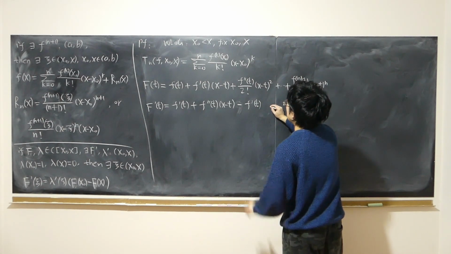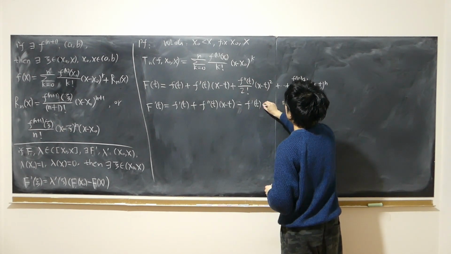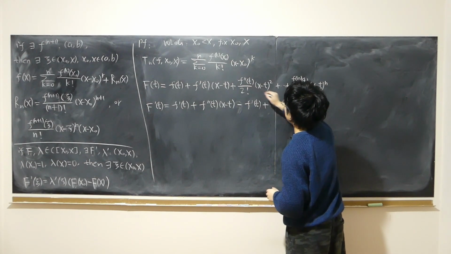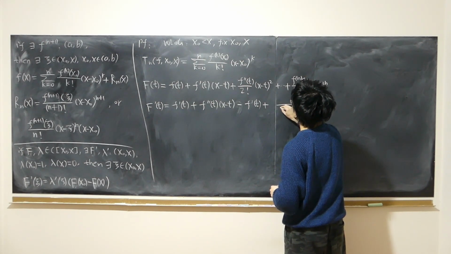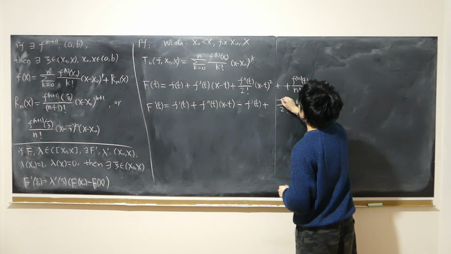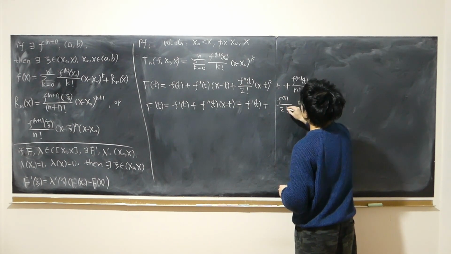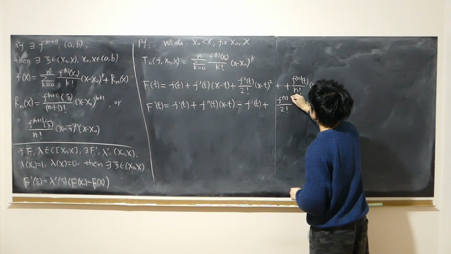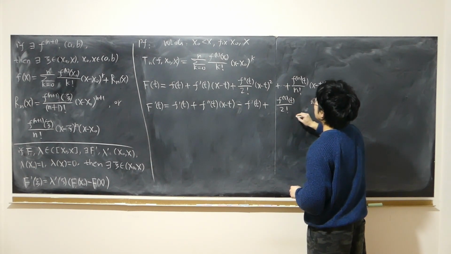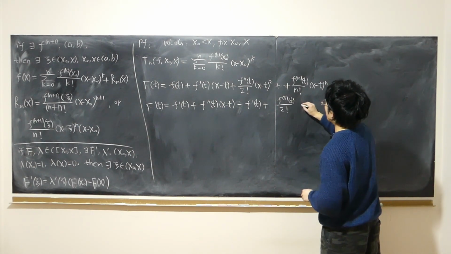So this one, likewise, we differentiate the first one. Right. f third order of t over 2 factorial times the second one.